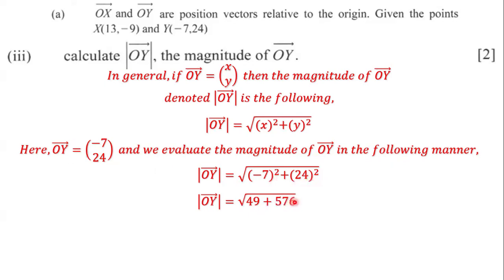So we have 49 plus 576, which is equal to 625. So the magnitude of OY is equal to the square root of 625, and the square root of 625 is 25. And so the magnitude of OY is equal to 25. And that's the answer to this question.